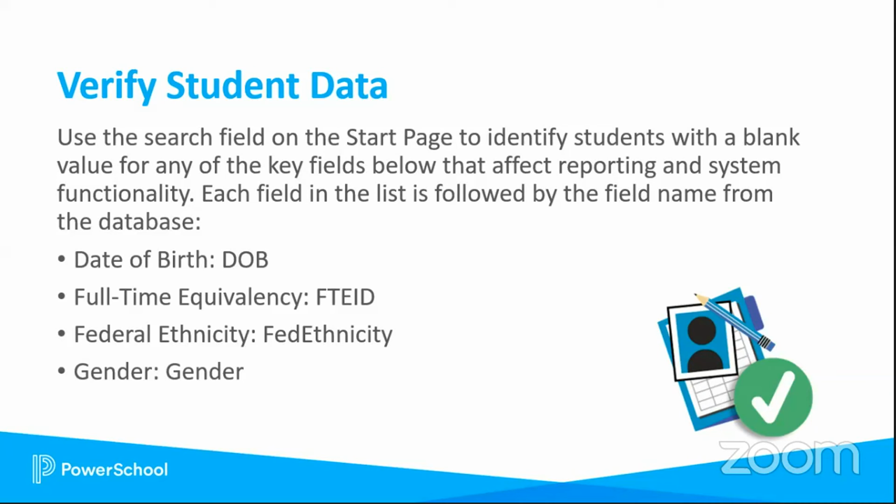All of the state fields in PowerSchool will start with S_AL_ and then something, but you can do a search and filter to find all of the state fields, and then potentially search for any that have missing data. So that's a good, quick way to verify that that crucial student data is in your system and find all of your holes.